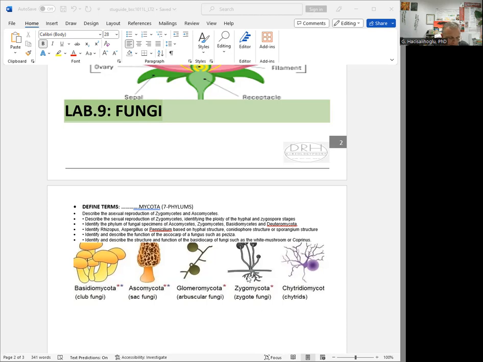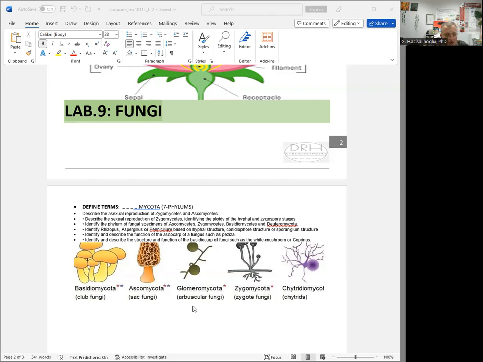Glomeromycota is known for mycorrhizal fungi, which work with plants and provide phosphorus to plants. 94% of plants have this type of relationship with these fungi.